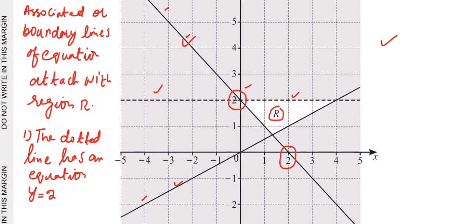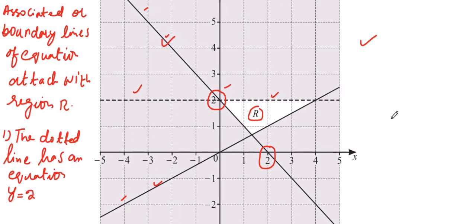Next we will write the line passes through points.